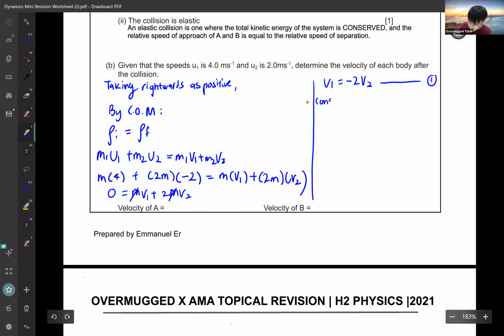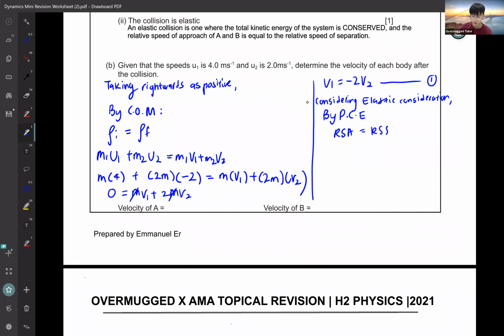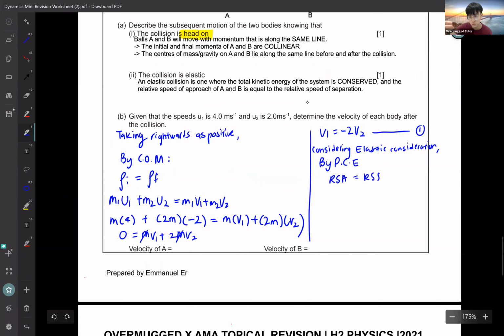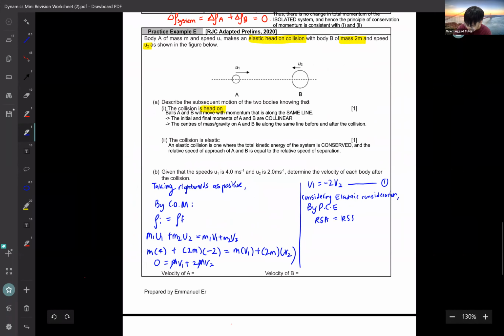Now, considering elastic collision, by the principle of conservation of energy, I know that relative speed of approach is relative speed of separation. So from there, you will straight away use the relative speed of approach, which is U1 minus U2 equals to V2 minus V1.